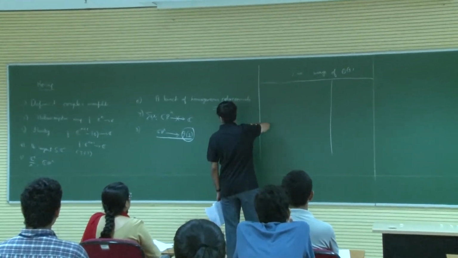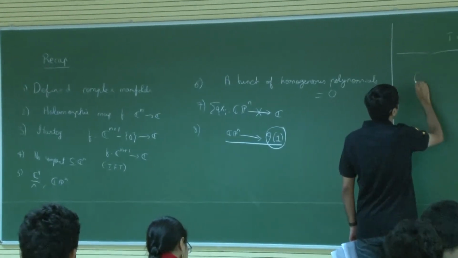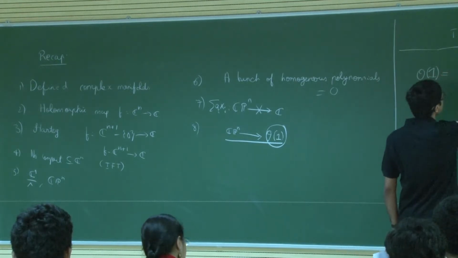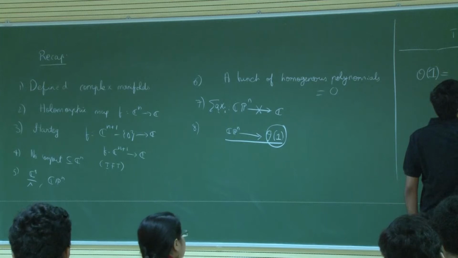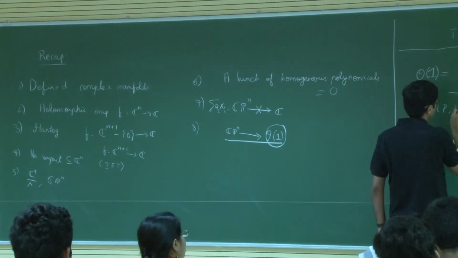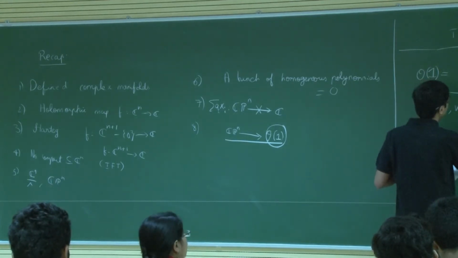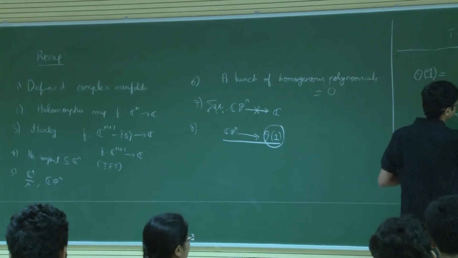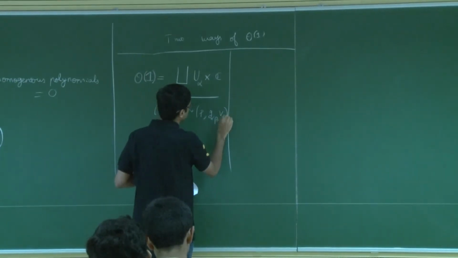So one is this: you define it in a very concrete but messy manner. So E comma V is P comma E theta.